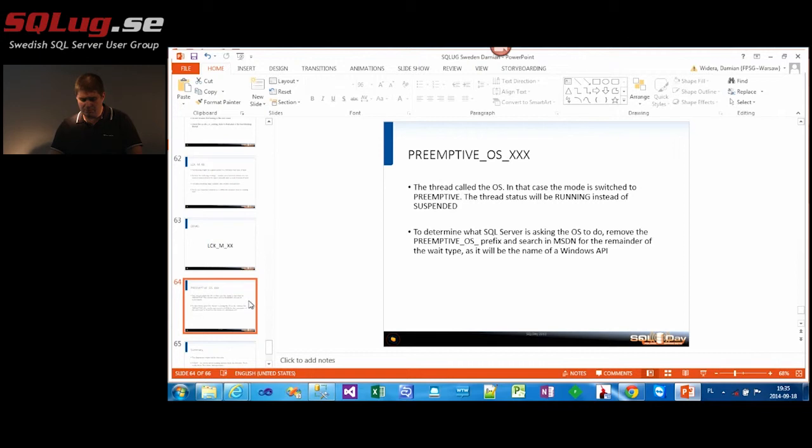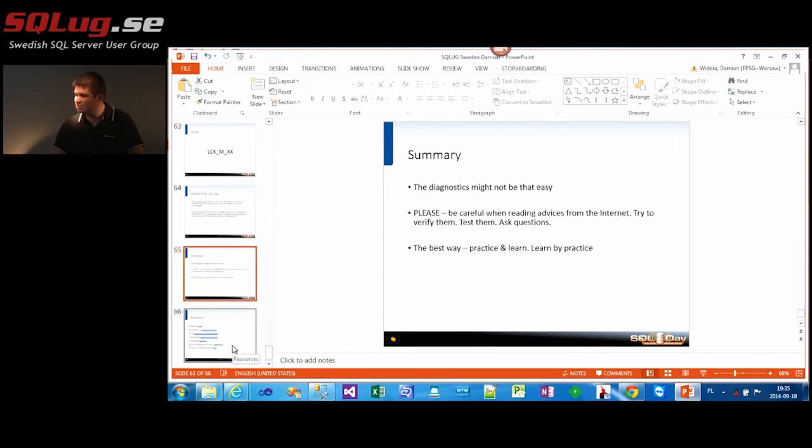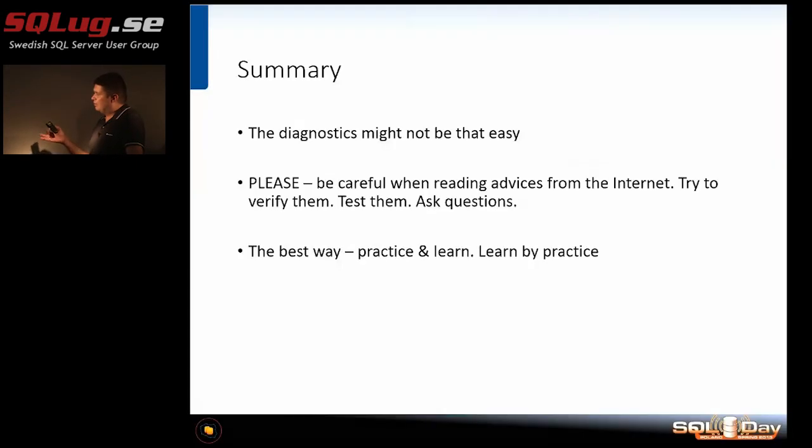I already told you about the preemptive waits. So now it's time for a quick summary, and it's very easy. We have to diagnose. However, it might not be easy. In many cases, it's not easy to get a good diagnosis. My advice is to be careful when reading advice found on the internet.